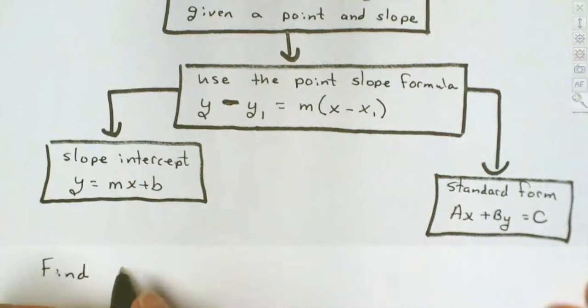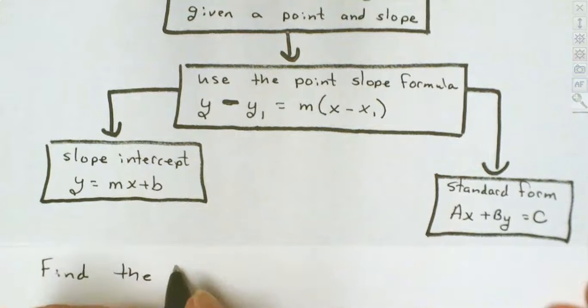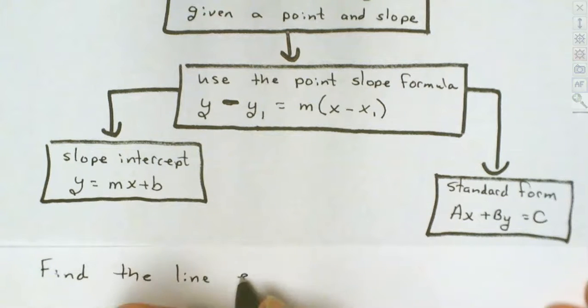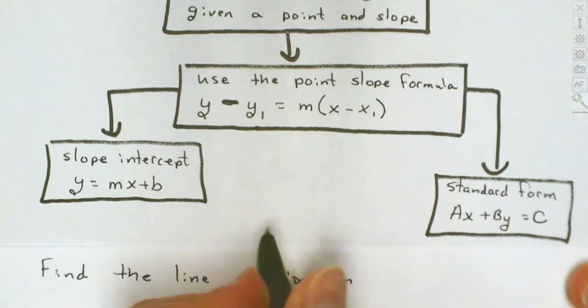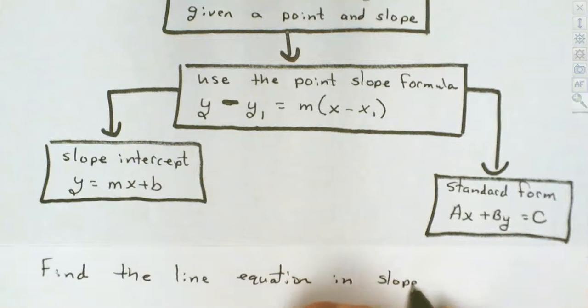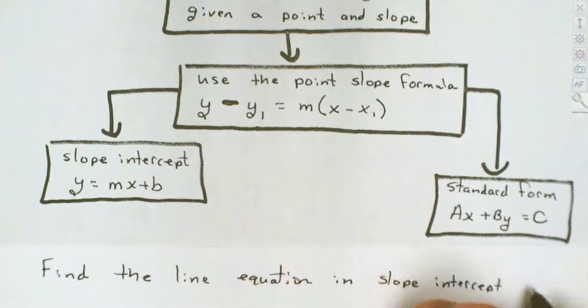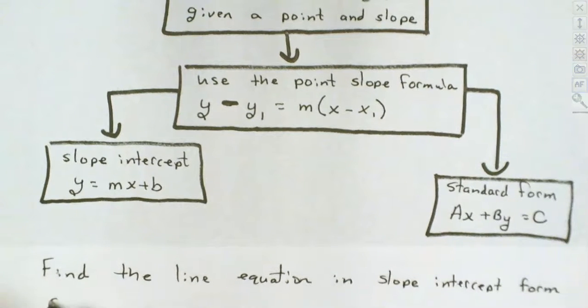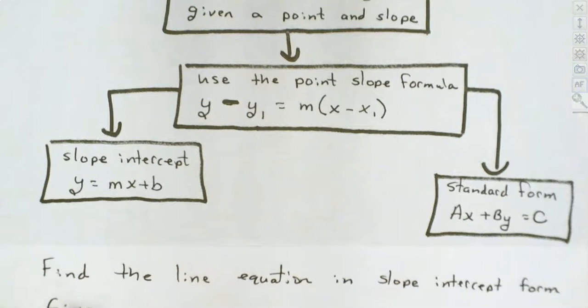So let's go ahead and find the line equation in slope-intercept form. And you're going to be given a point and a slope. And let's say you're given -3, 8, and a slope of -2/5.